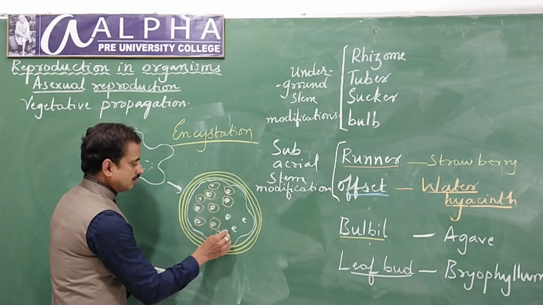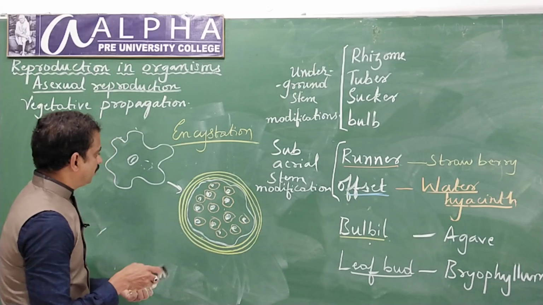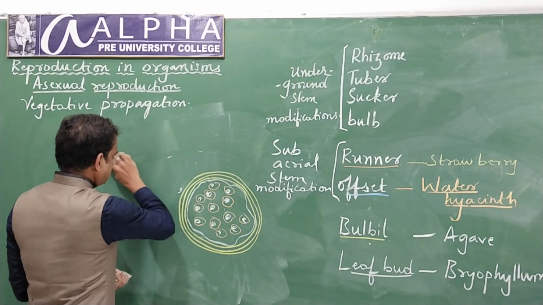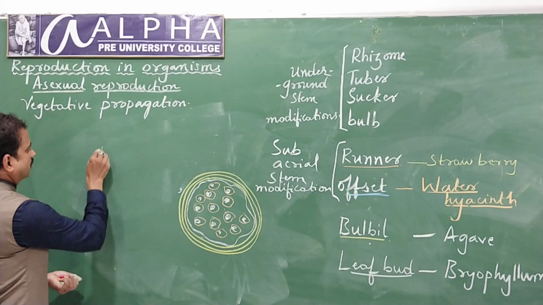And these structures with a nucleus and a bit of cytoplasm, we call them pseudopodiospores.